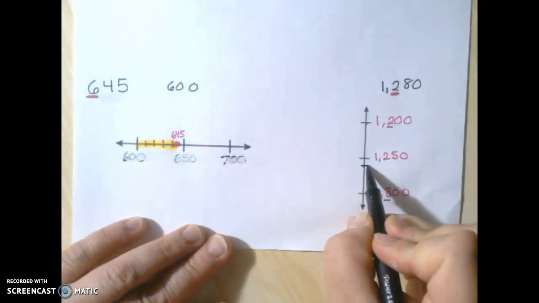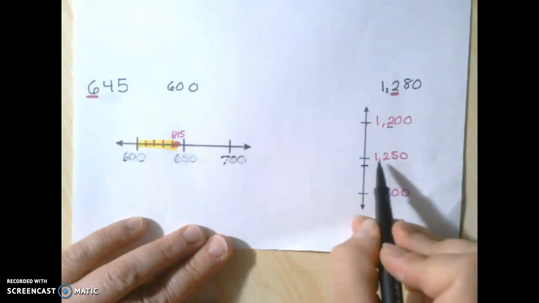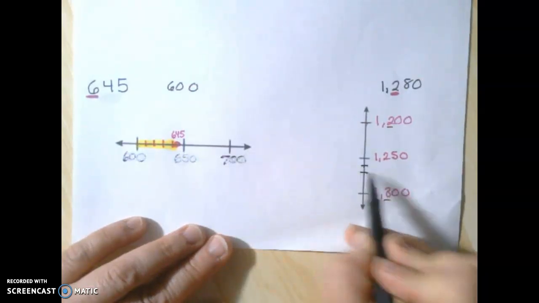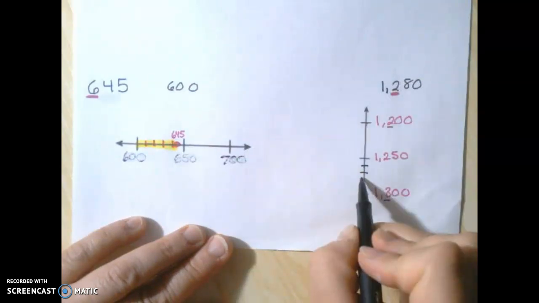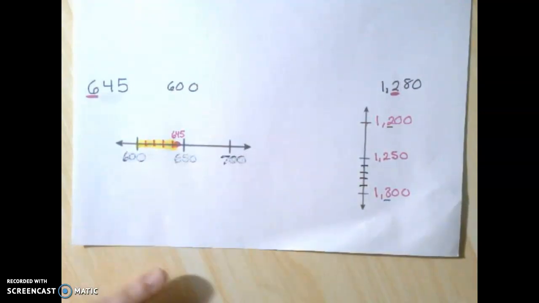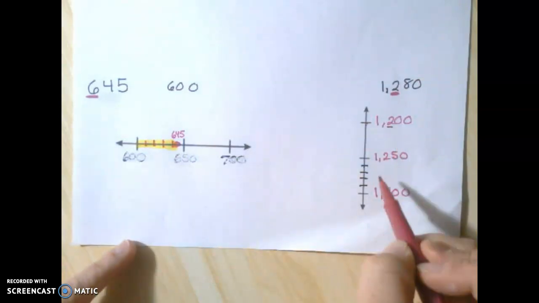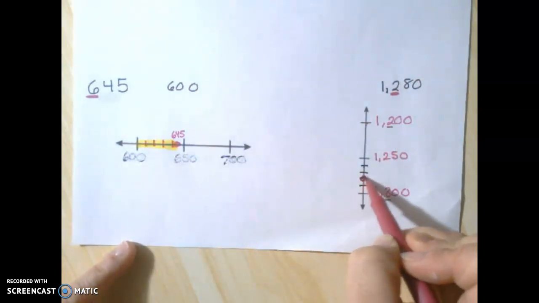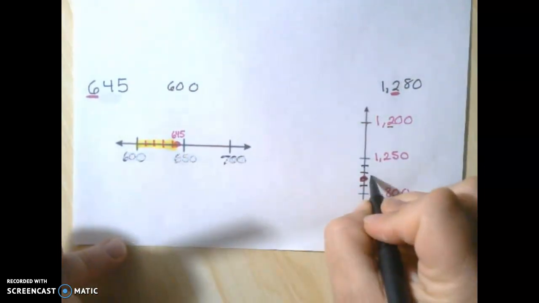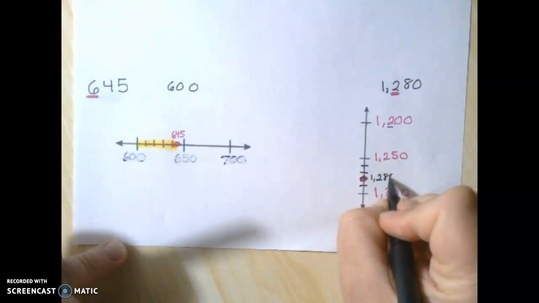So again, I'm going to think about how I could label that. 1,250, 1,260, 1,270, 1,280, 1,290, and then 1,300. 1,280 would go right here on my number line. So 1,280.